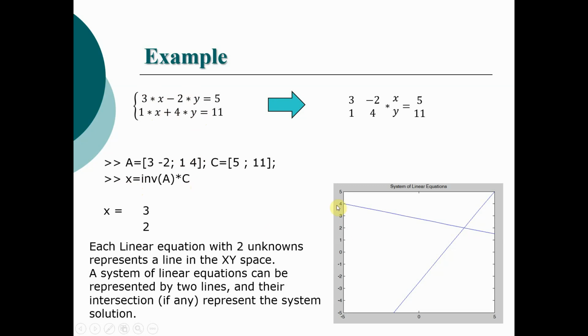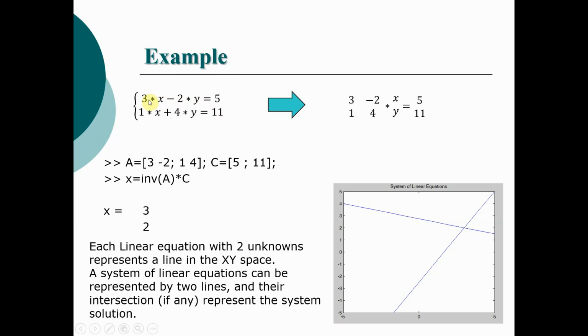One thing I wanted to show you here is that in a 2D space, when you have two unknowns, it's as if you have a two-dimensional space where this is our x and this is our y values, and each of these equations is an equation for a line.